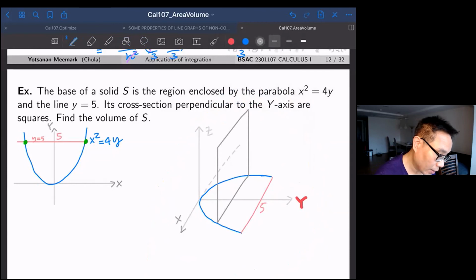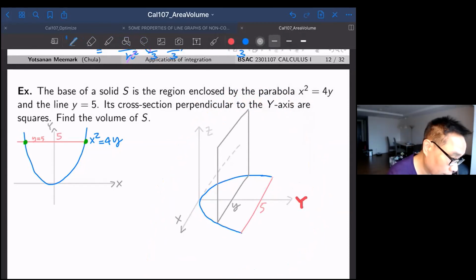Okay, and you're going to integrate. So this one is your y, and you're going to integrate from y equal to 0.